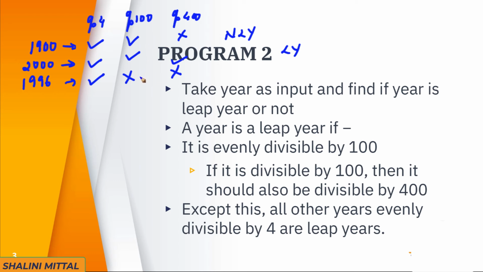If it's not divisible by 100, I don't have to check for 400. If it's divisible by 4, it's a leap year. For any other year, if you try, say 1993, not divisible by 4, no need to check for these as well, it's not a leap year.